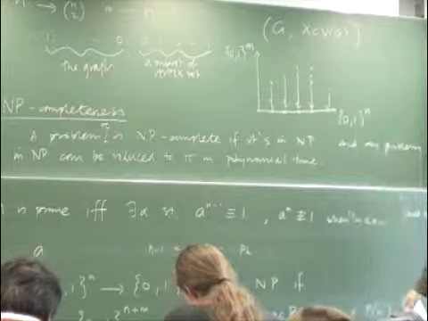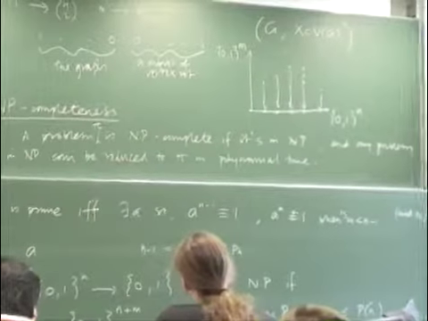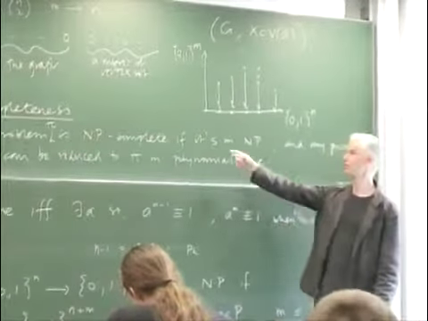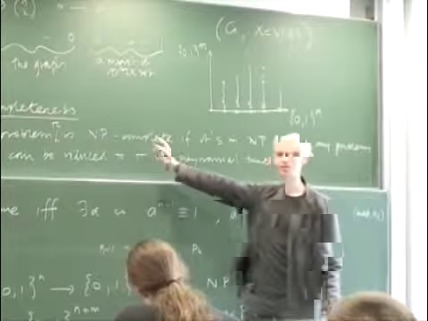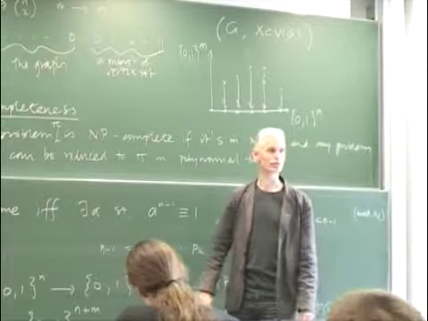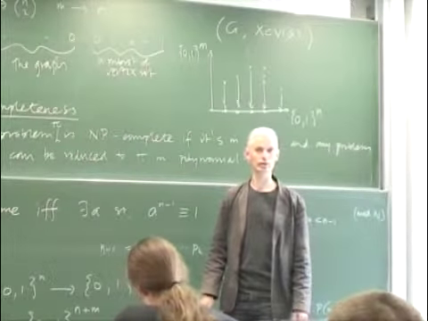So roughly speaking, it's NP complete if, given any other NP problem and given an algorithm that works in polynomial time for solving pi, I can convert that into an algorithm that solves the other problem in polynomial time.